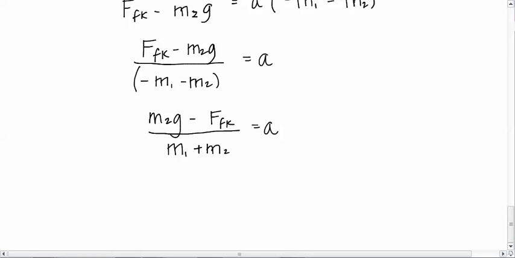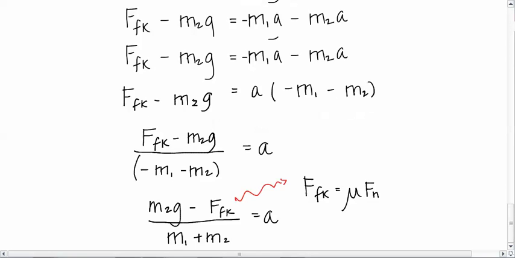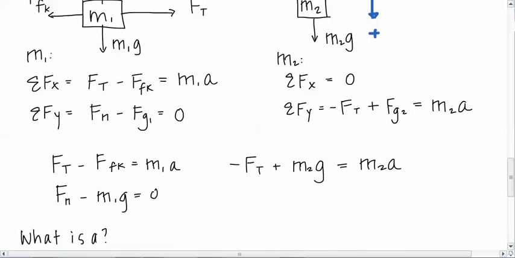Now, what about that friction force? Well, remember friction, sidebar over here, the force of friction was mu times normal. And if I go back and look at the force diagram and the equation, the normal force was equal to the M1G, the weight of the object sitting on the table.